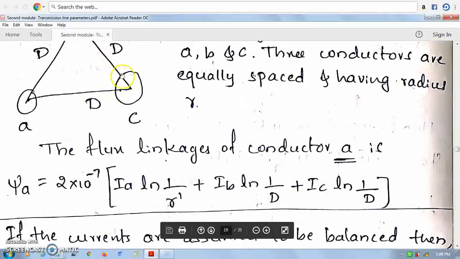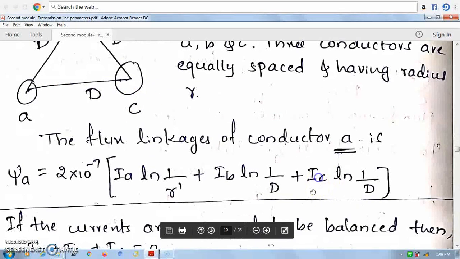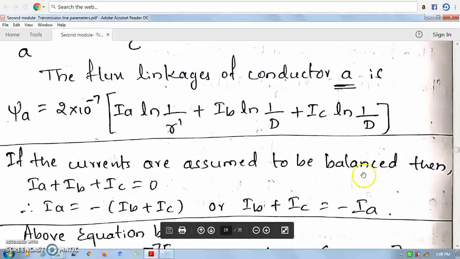The C conductor carries the current IC and produces a flux around it, so there is a flux linkage on conductor A due to conductor C, therefore IC ln of 1 by D.